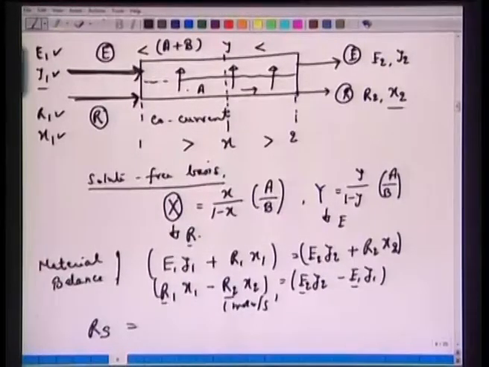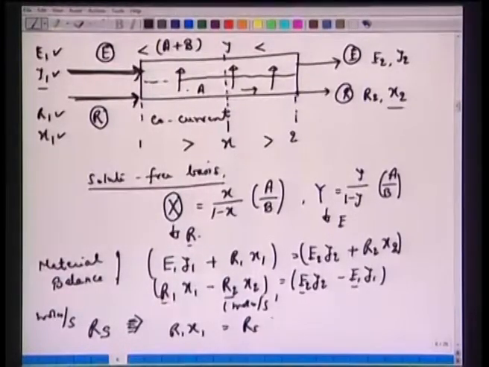This is also moles per second of the stream on solute free basis, which means we can define Rs such that we have R1 X1 equal to Rs capital X1, which is nothing but Rs X1 over 1 minus X1.